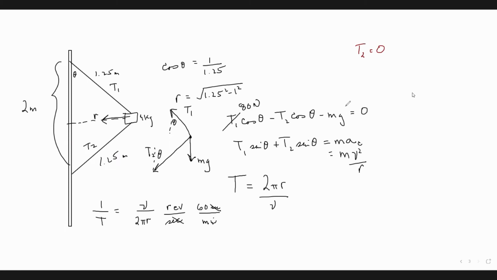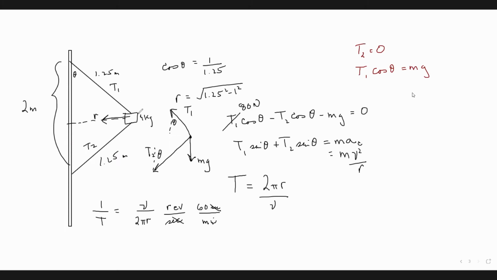Well, if T2 equals 0, then we have T1 cosine theta, and theta is going to be the same, equals mg. That's from this equation with T2 equals 0. So T2 just goes slack, the tension goes to 0.